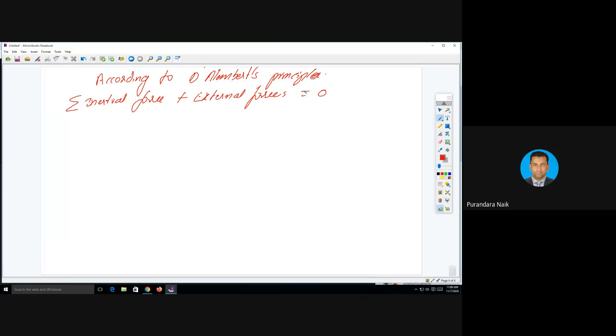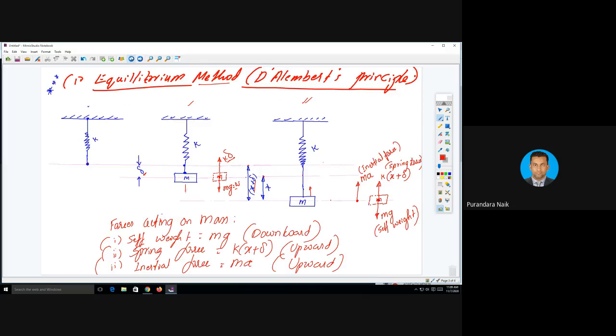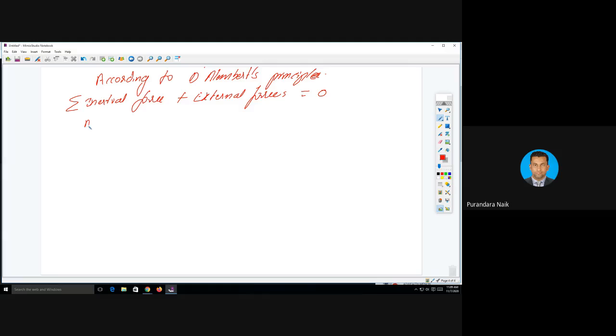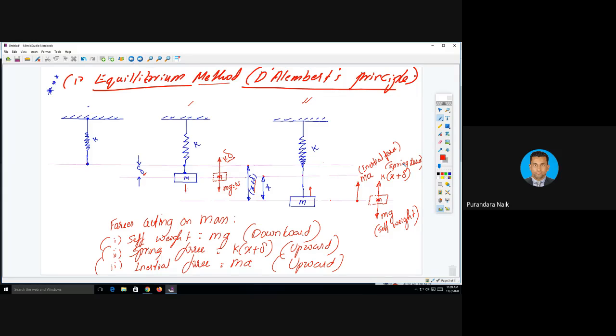Okay. Now, what is the value of inertial force in this equation? This is m into a. Upward or downward? Upward, positive, m into a. Next, external force. External force means self-weight and spring force.